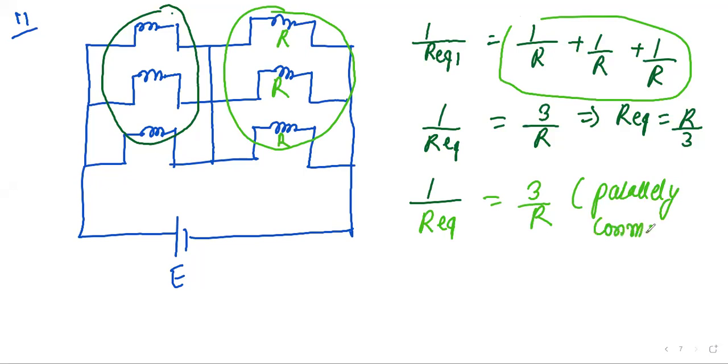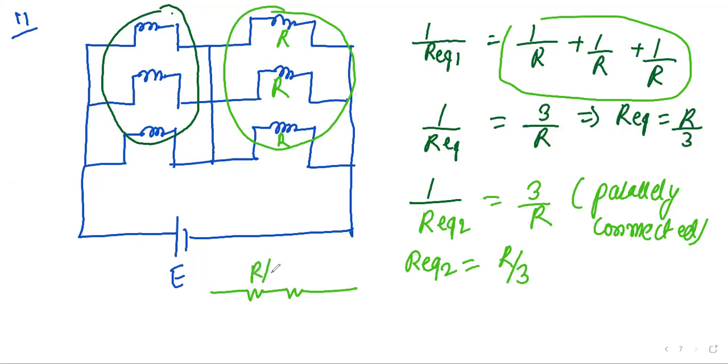So in parallel, we add resistances inversely, right? So it comes out to be R equivalent 2 equal to R upon 3. Now, after that, they are connected in series. So this value comes out to be R by 3.